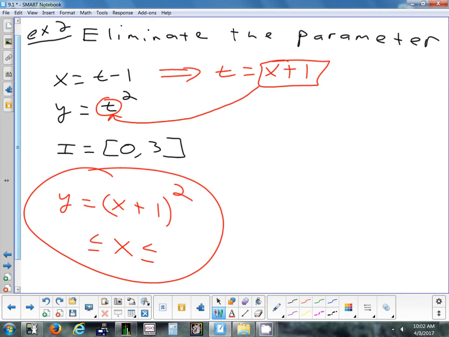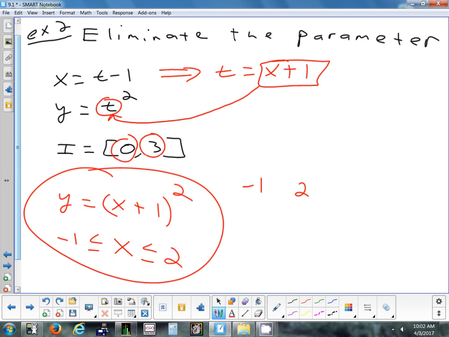Yeah, so that's the number that controls where it's going to start, and then you fill it in to find out where they start. So 0 minus 1 is negative 1. I'm just going to write that off to the side because I don't know if that's going to be smaller or bigger than what I'm about to do next. What number is going to control where the x's stop? 3. And where do the x's actually stop? 2. So now I know my x's are between negative 1 and 2.